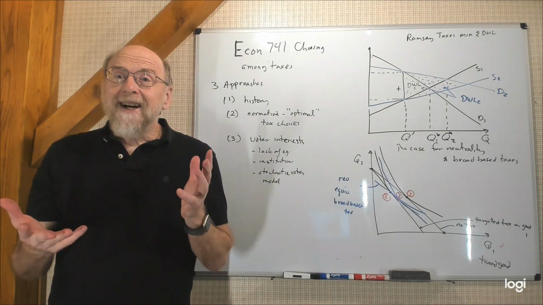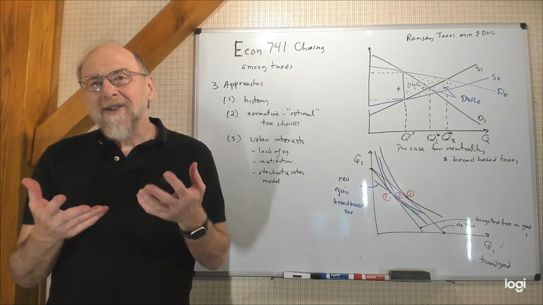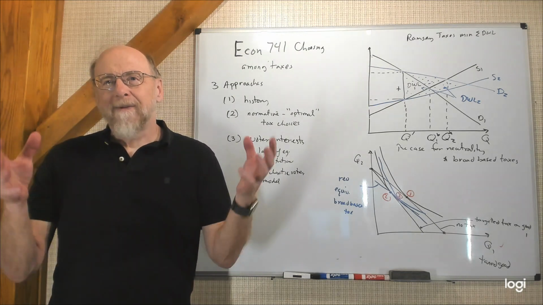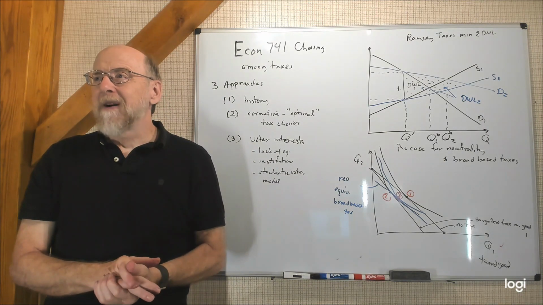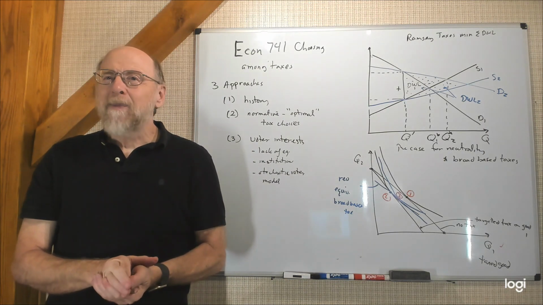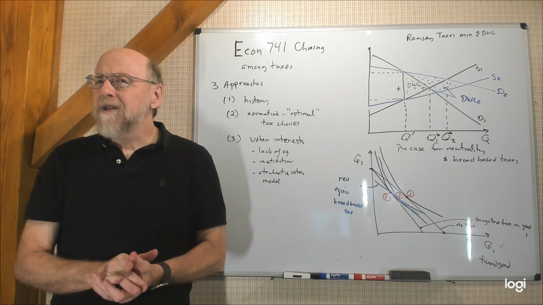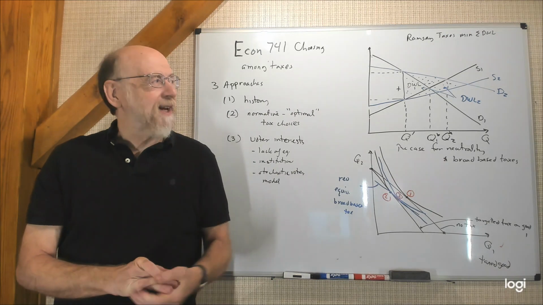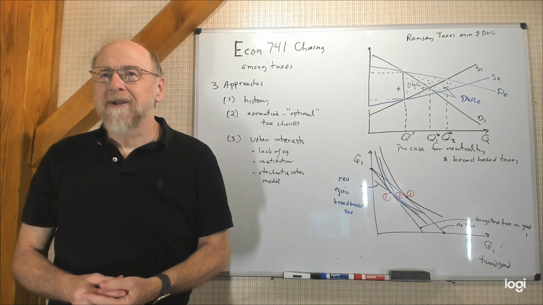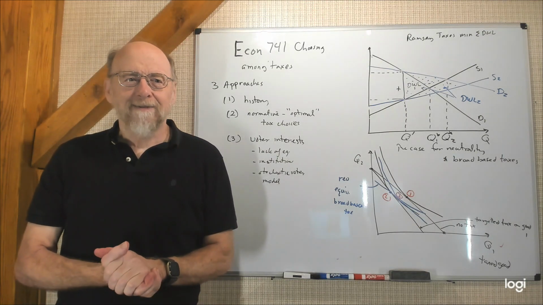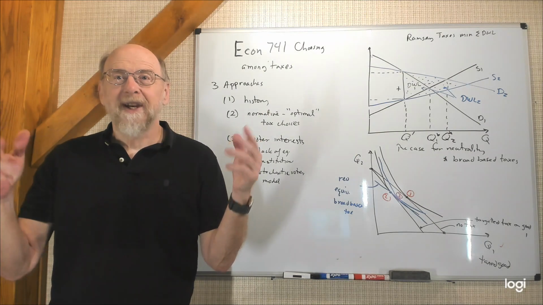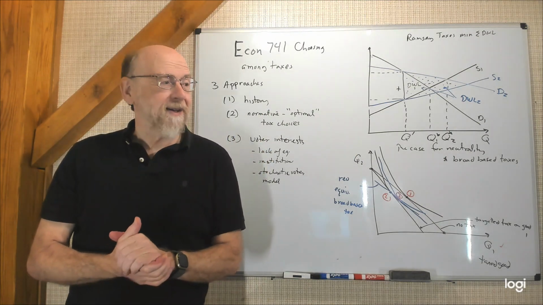So, although from one perspective it looks like the Ramsay tax systems do minimize losses from taxation, that's partly because they're focused a little too narrowly on a particular geometric representation of utility, and one that doesn't really seem faithful to the way utility as we understand it actually operates in a lot of markets.